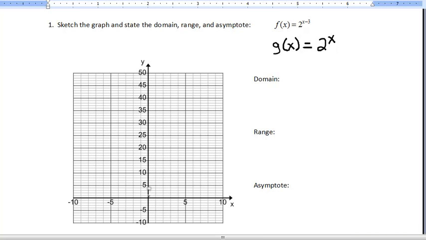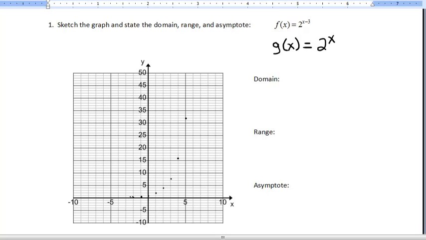Well, 2 to the x is a graph that you should know. 0, 1 is on that graph, 1, 2, 2, 4, 3, 8, 4, 16, and 5, 32. Those are all points that are on the graph. We also get negative 1, 1/2, negative 2, 1/4, and so on and so forth.